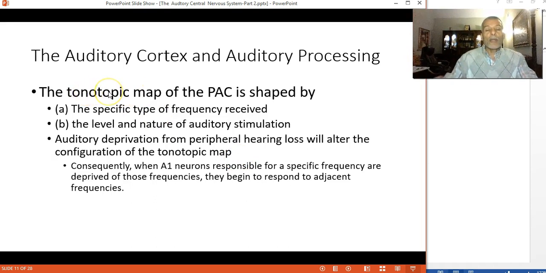So the tonotopic map is shaped by, it is connected through, the specific types of frequencies that the different parts of it receive. As I explained, it has columns, and these columns are made out of different neurons that are similar in function, and they specialize in a particular frequency.